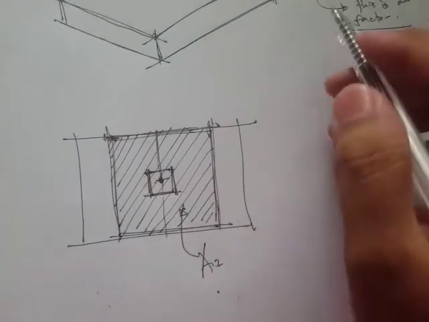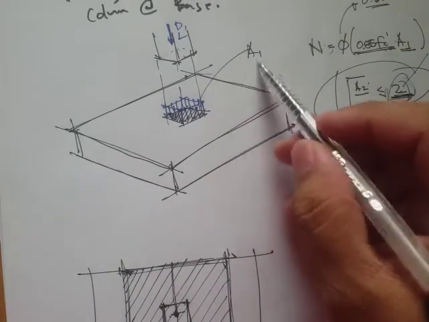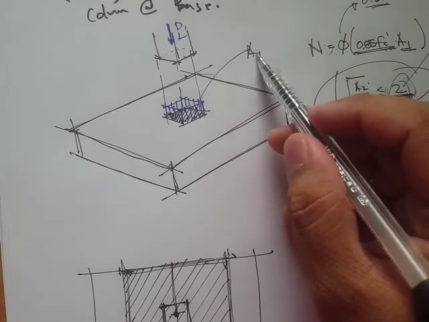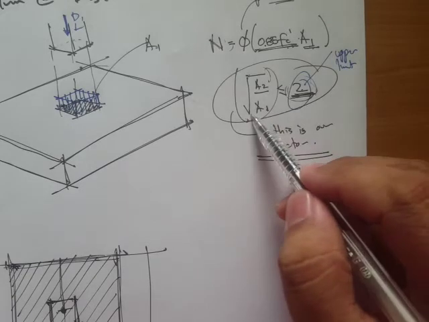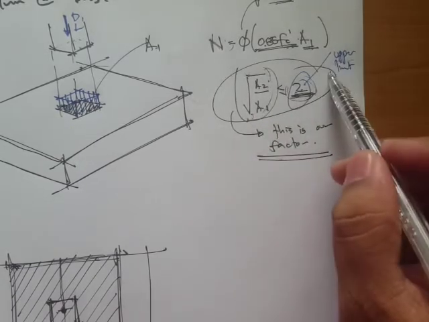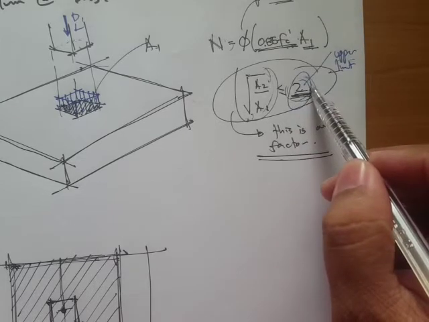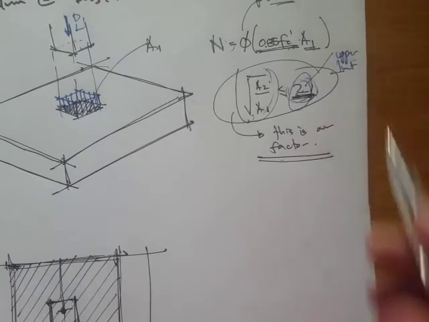If we take the square root of A2 divided by A1 and solve that value, and it's less than 2, then we use it. But if it's greater than 2, then this value of 2 will be our upper limit.